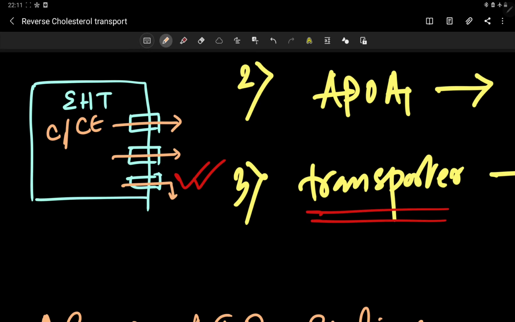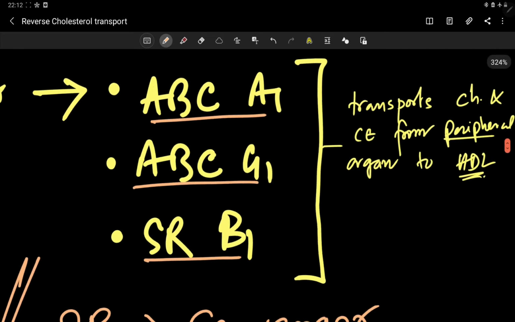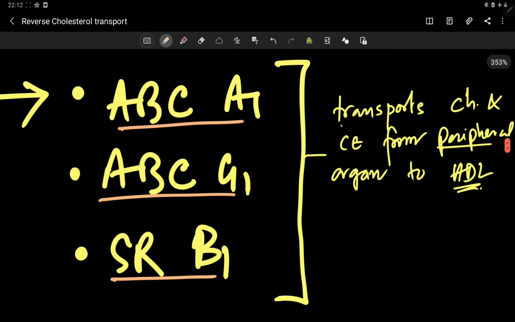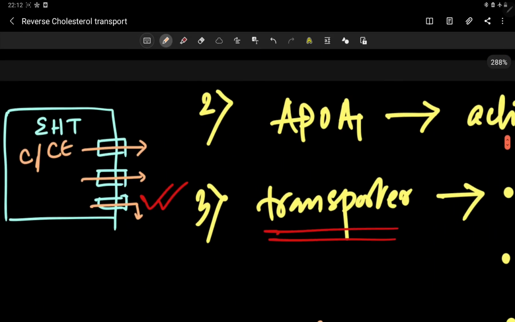Okay, so these transporters are named your ABCA1 transporter, ABCG1 transporter, SRB1 transporter. Okay, so these three transporters transport cholesterol and cholesterol ester from peripheral organ or extrahepatic tissue to HDL. I will discuss this thing in detail later also.